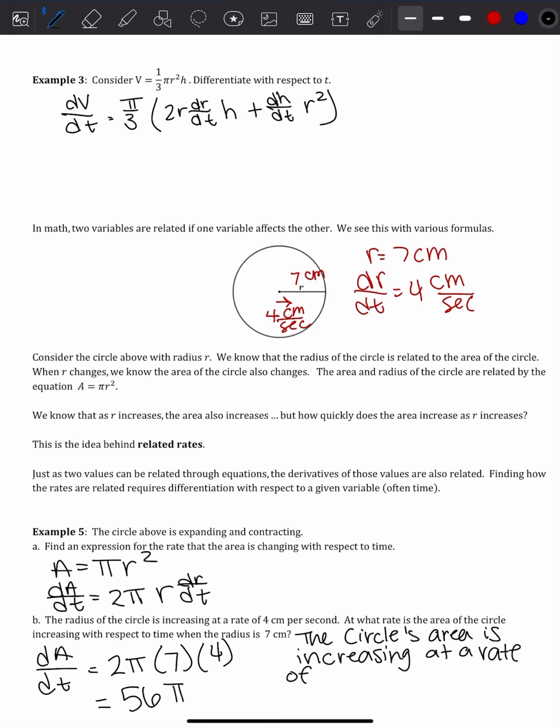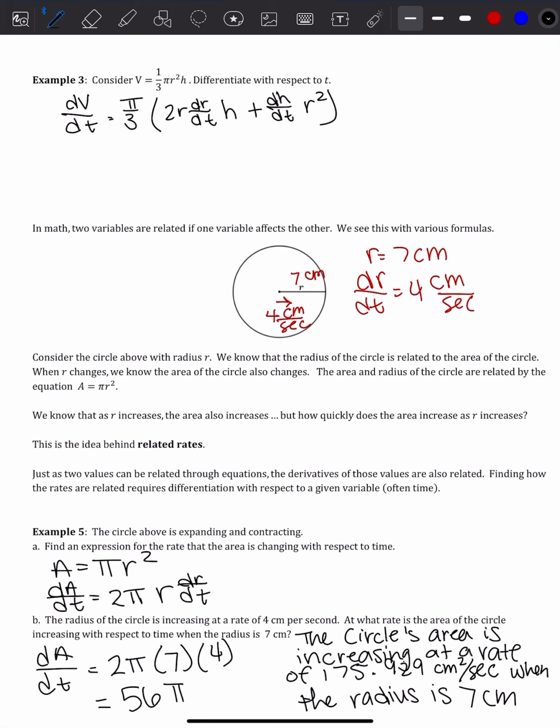So if I multiply that out, I get 175.929. Our units would be centimeters squared per second because it's an area. That comes from multiplying centimeters times centimeters squared, when the radius is 7 centimeters.